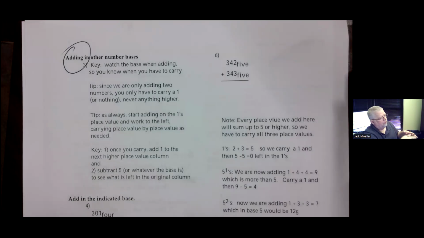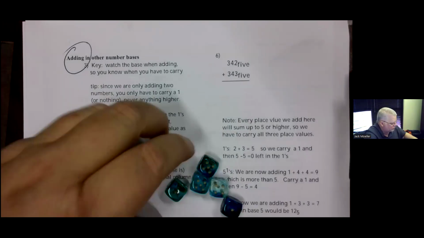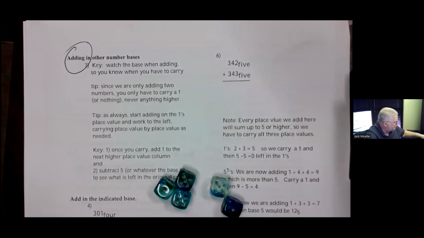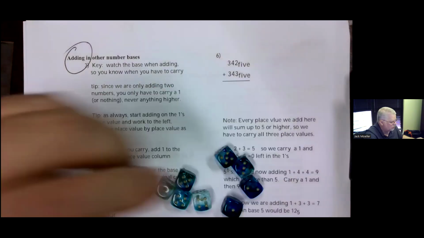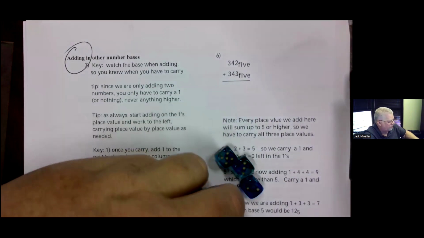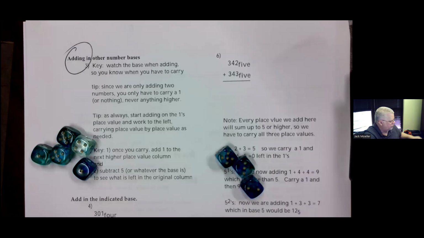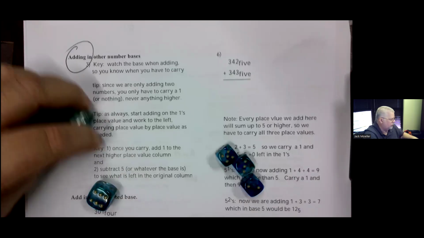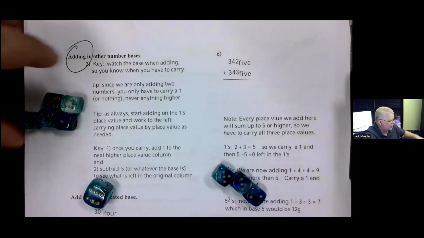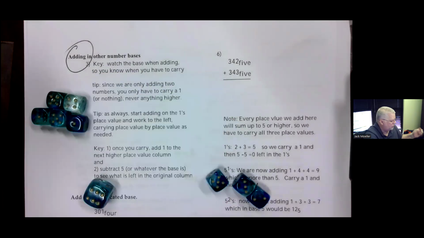So if we're in base 5 and our sum is 8 in the ones column, you have to take 5 of those and carry them over to the next higher place value. Once you take those 5 away, you have 3 ones left.